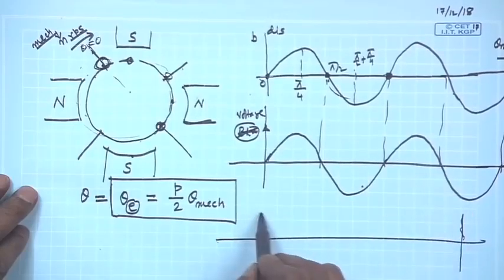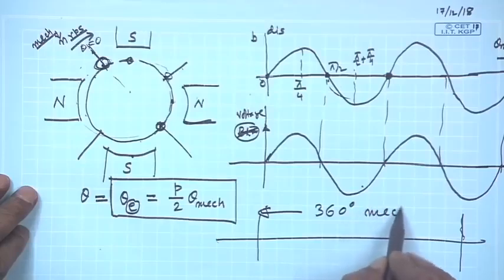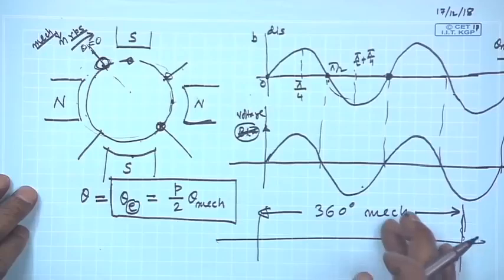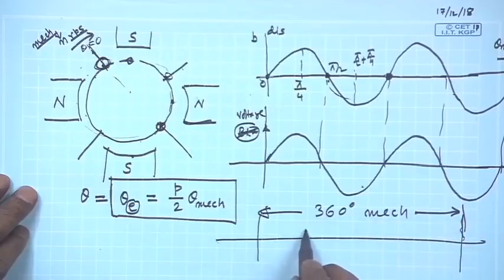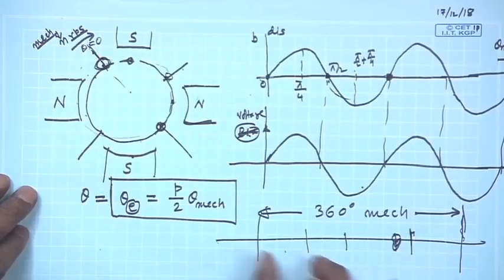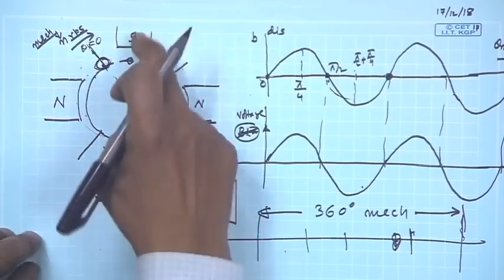Suppose this is 360-degree mechanical. What essentially I have done is, I have divided this 360-degree mechanical in 4 zones. 1, 2, 3 equal zones, I am so sorry. So, one becomes north pole, south, north, south, like that. So, I have brought in another 2 poles, south, north.